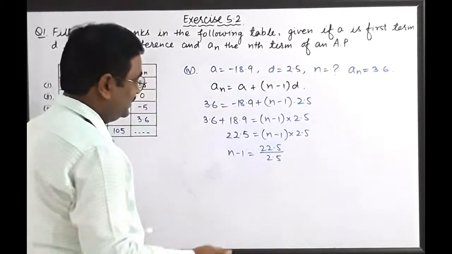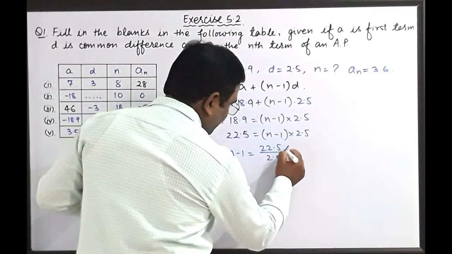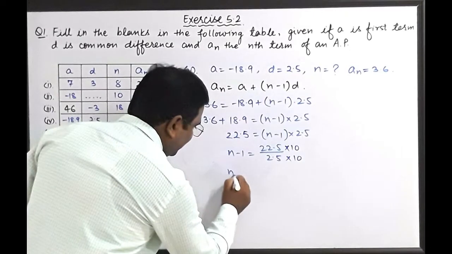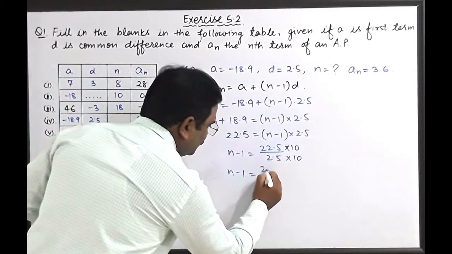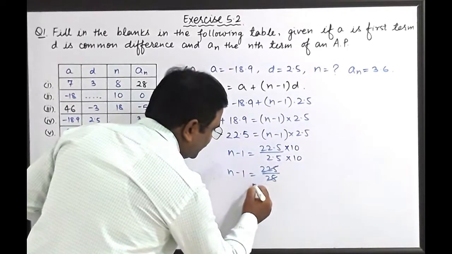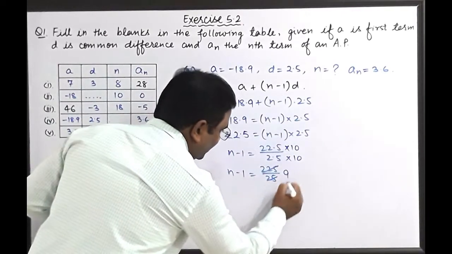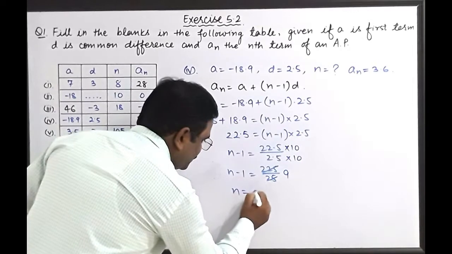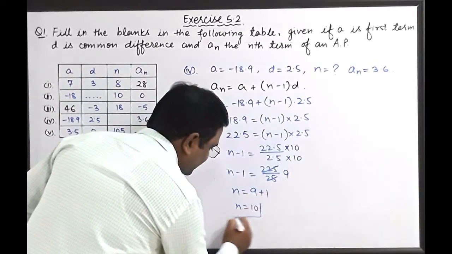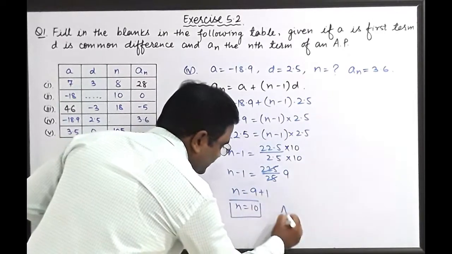Let us divide it. Multiply these two terms by 10. So n minus 1 equals 225 upon 25, which equals 9. So n is equal to 9 plus 1, that is 10, our required answer.